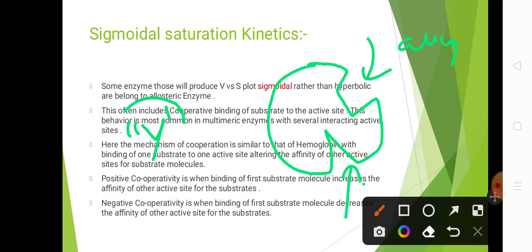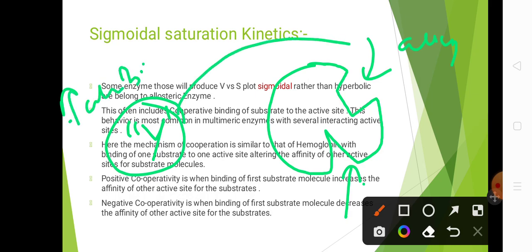So this is the allosteric modulator. Now let's think that it is an inhibitor. So what will happen when Y binds with that allosteric site of the enzyme? It will decrease the affinity of the active site of the enzyme for the substrate. So that is the idea of negative cooperativity.